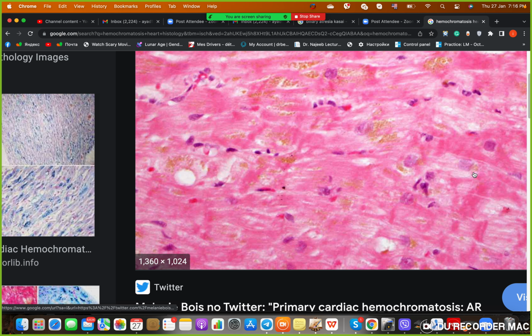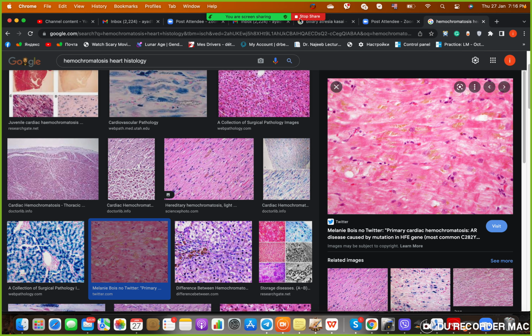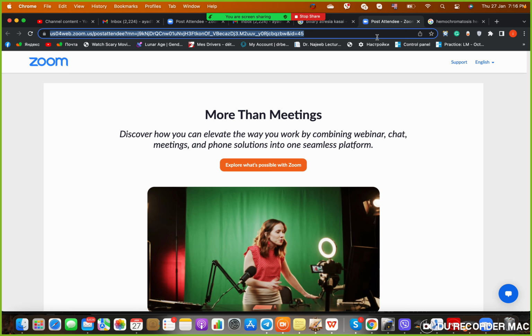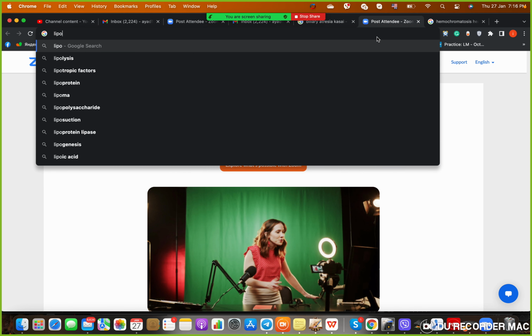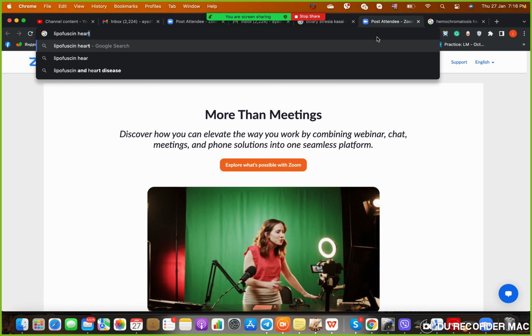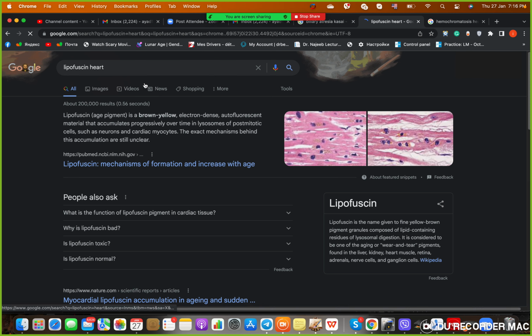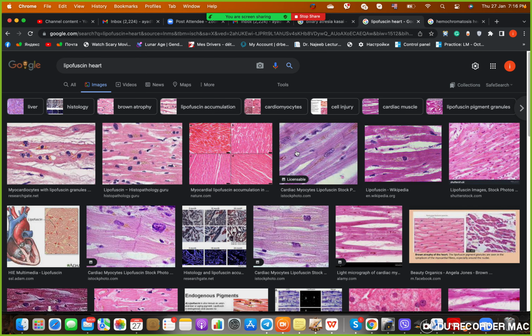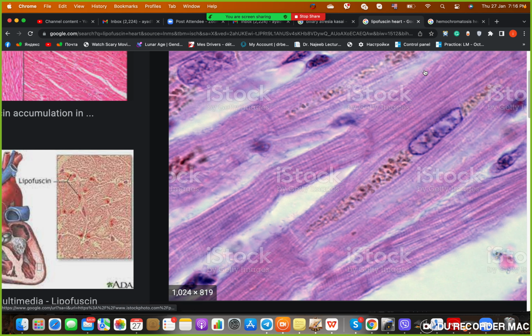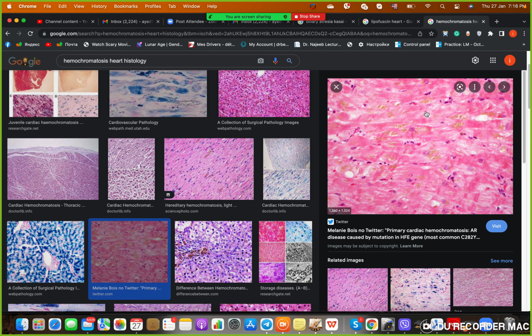If you take a look here, this is hemochromatosis of the heart. If you take a look here, this is lipofuscin of the heart. Guys, I swear to God, it looks exactly the same. So how can I differentiate between them?